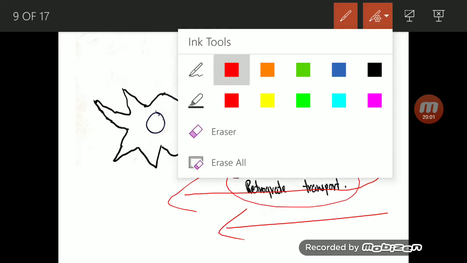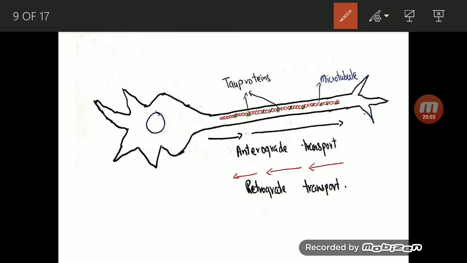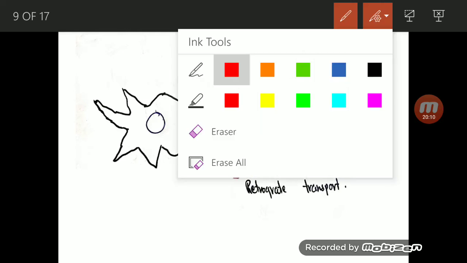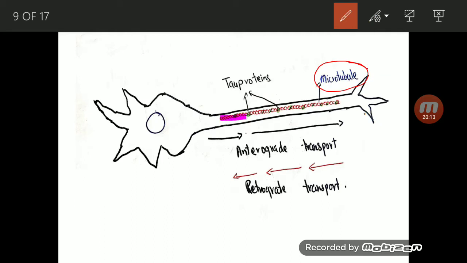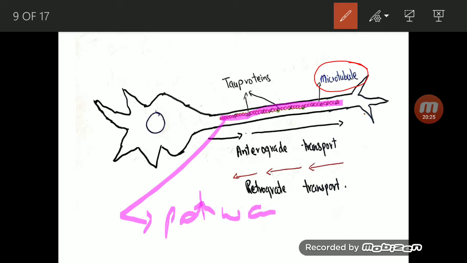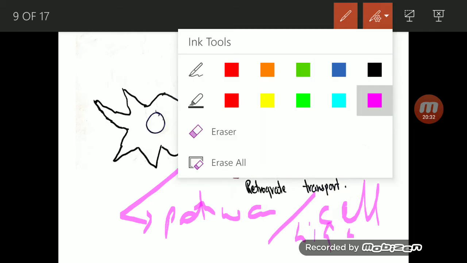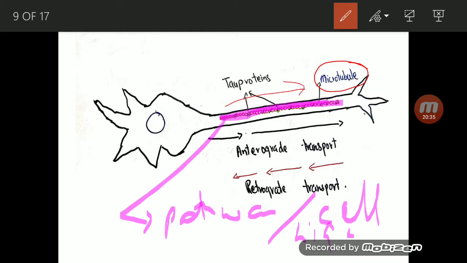So basically, for signals to travel through the cell, with the help of microtubules, these microtubules are aligned with one another. With the help of microtubules, neurons form a network, a pathway, or you can say a cellular highway through which signals are going to move.